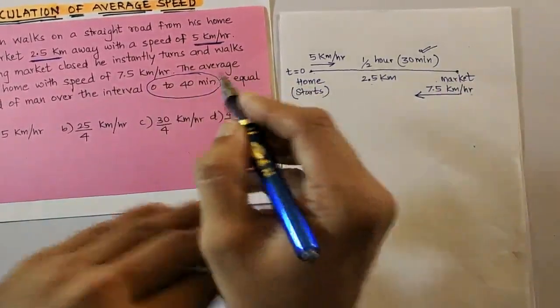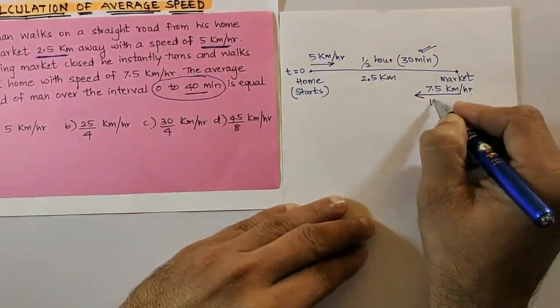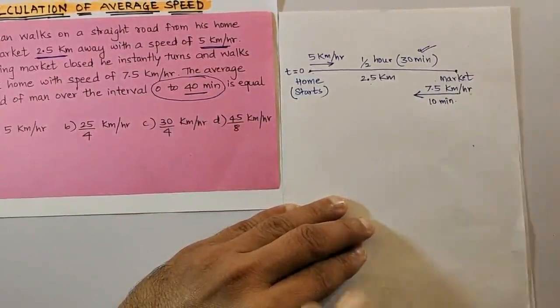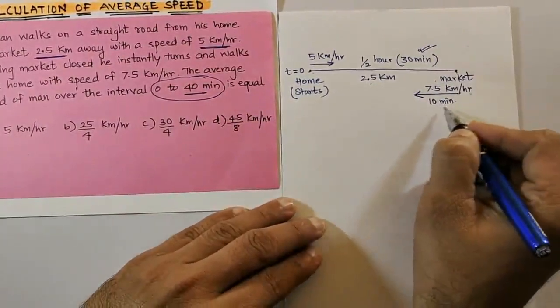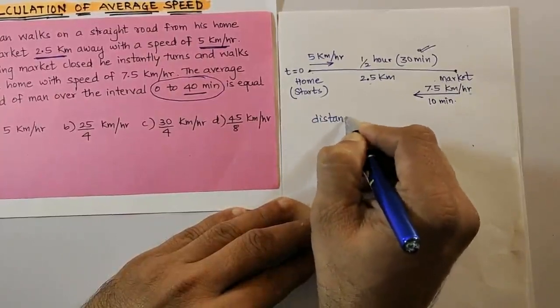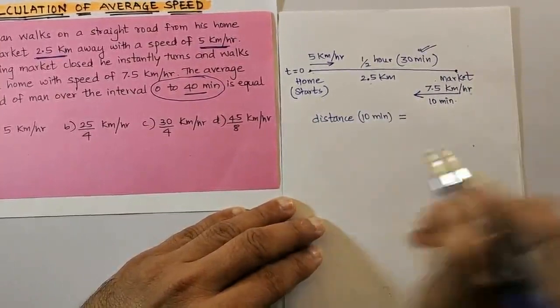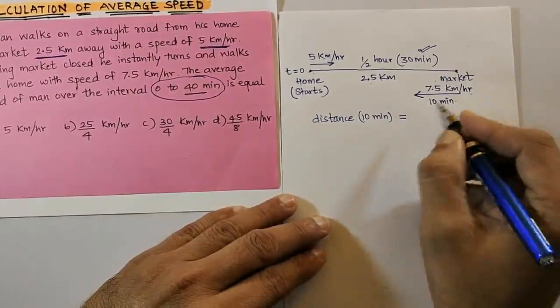Now, he returns back. He has asked for 0 to 40 minutes, means 10 minutes he will be coming back for our average speed to calculate. So this distance is traveled in 10 minutes. It is given by speed into time.